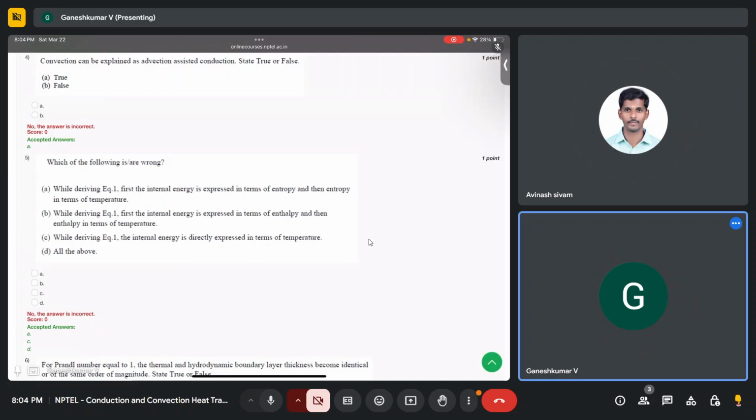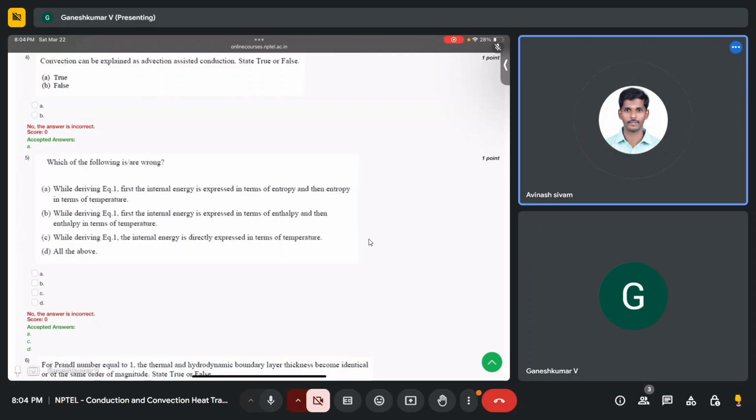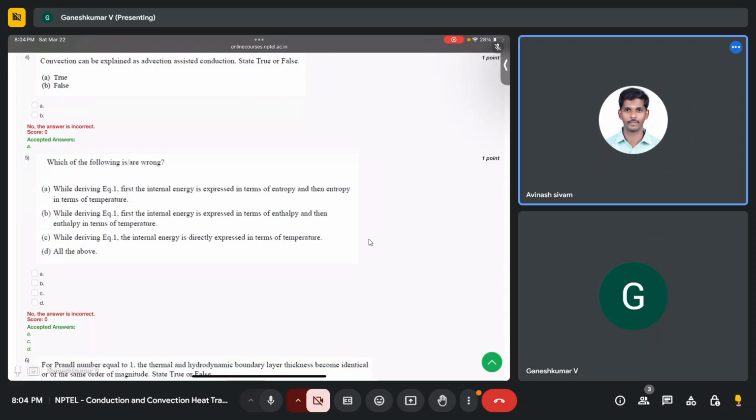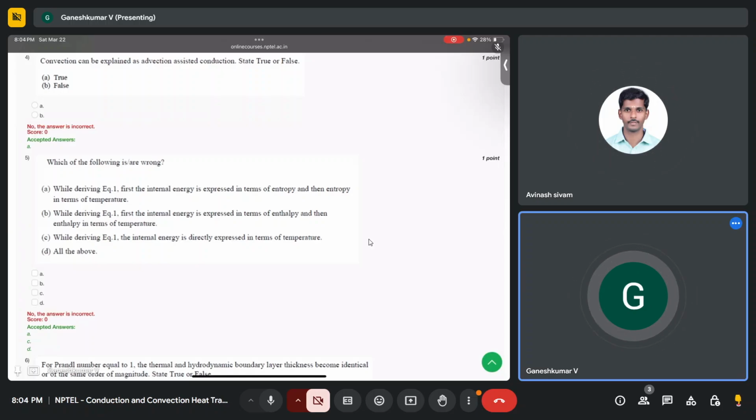Sir, in exams, what will be the pattern? It will be the same as your assignments. Whatever kind of questions you see in the assignments is what you will see in the exams. Similar pattern. Sometimes there will be a small derivation also, like we did today.